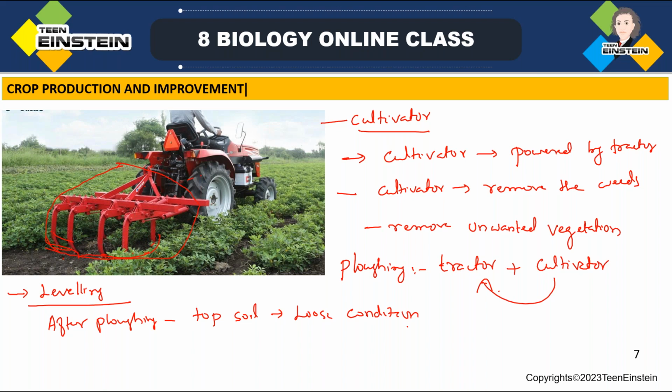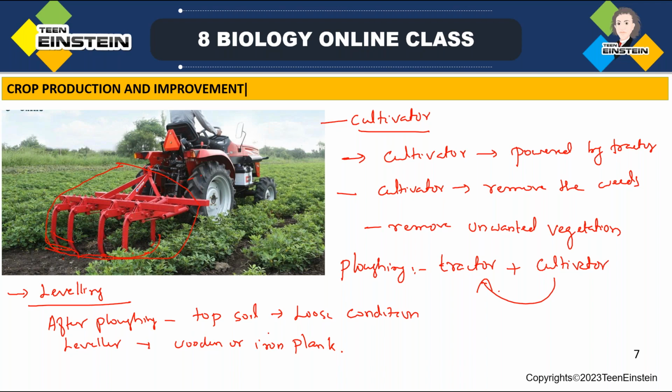So we need to bring the leveler. A leveler is a heavy wooden or iron plank which is used to level the soil.